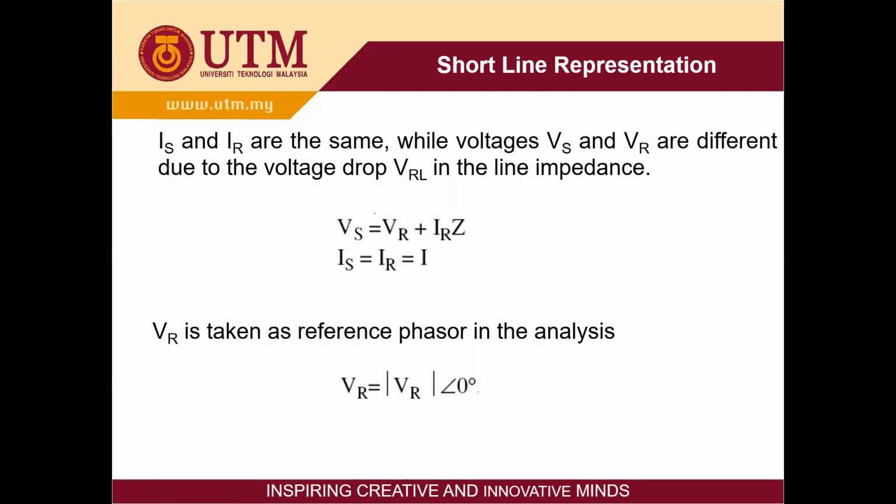Based on KVL, we can write VS equal to the receiving end voltage plus the voltage drop across the impedance, while the current IS is equal to IR. For our analysis, VR is taken as the reference phasor, so the angle of the receiving end voltage is 0.